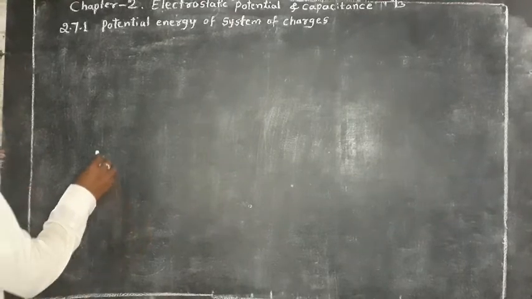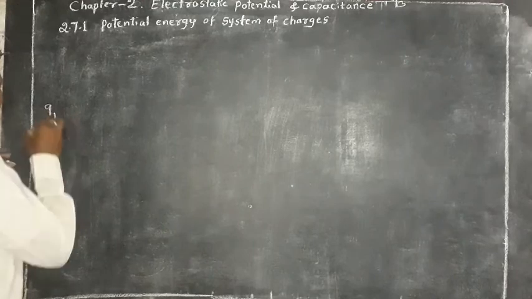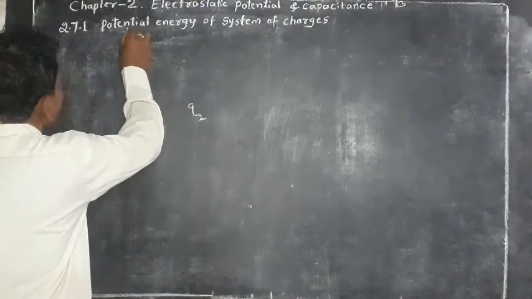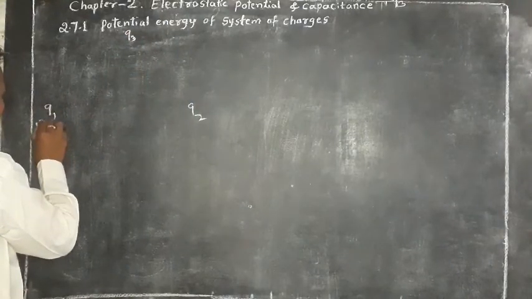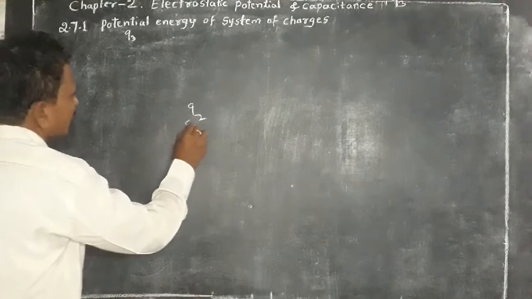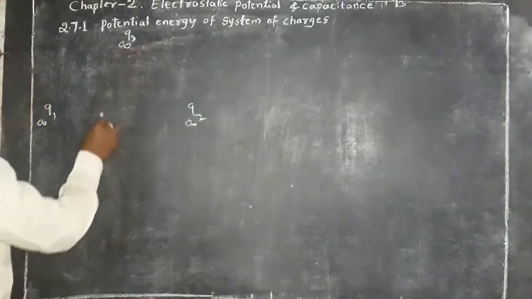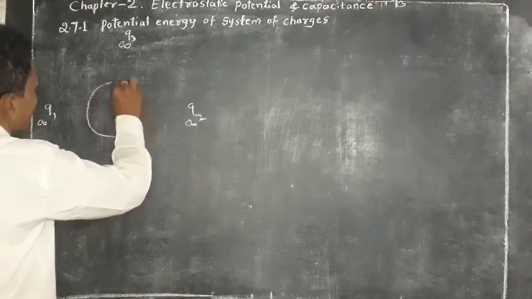Consider three charges Q1, Q2 and Q3 placed at infinite distance from a system.